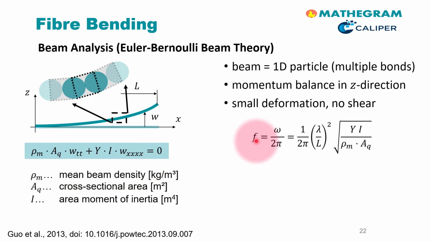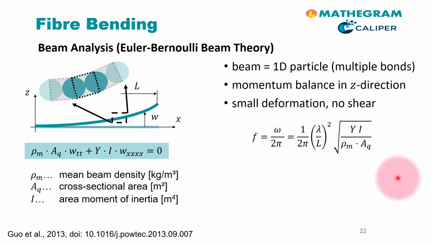Please note that the Euler-Bernoulli differential equation gives multiple eigenfrequencies, but for the sake of compactness, we refer with f only to the so-called first mode, i.e. the lowest eigenfrequency, and lambda is the smallest dimensionless parameter, which is called the first eigenvalue.